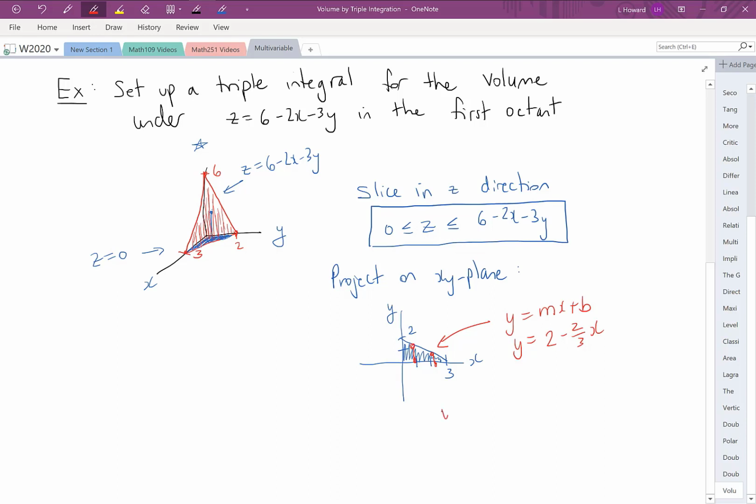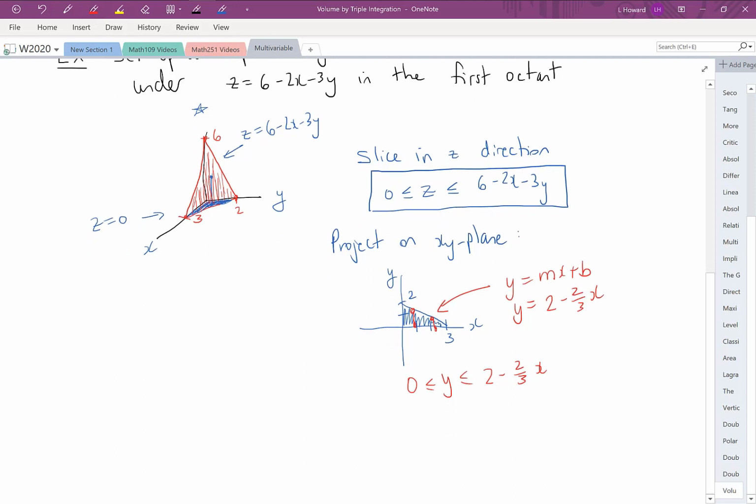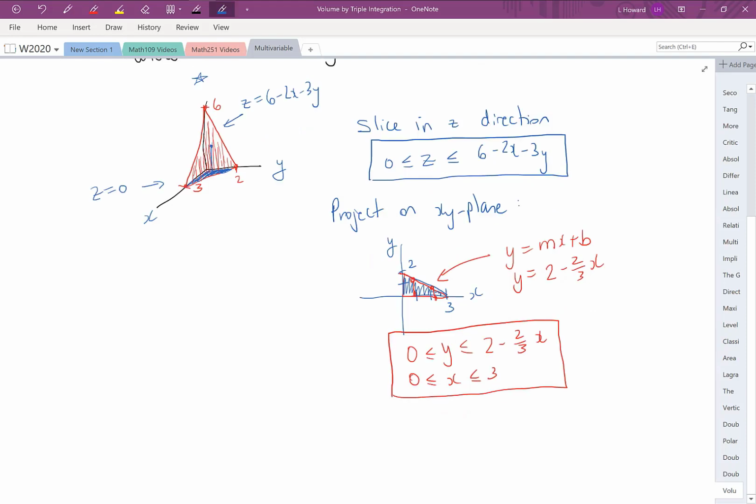And then doing our vertical slices in the usual way, we can say y is going to range from 0 to 2 minus 2/3 x. And then as we scan across this triangle from left to right, x values are ranging from 0 to 3. So we're pretty much ready to write down our triple integral now.